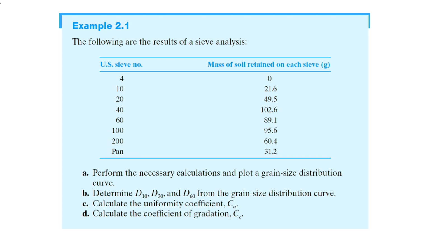With this curve, you can determine D10, D30, D60, and finally you can calculate Cu and Cc based on the equations. So the main thing here is to calculate the percentage according to each sieve number.